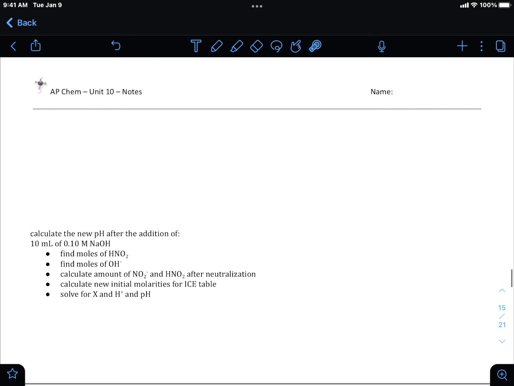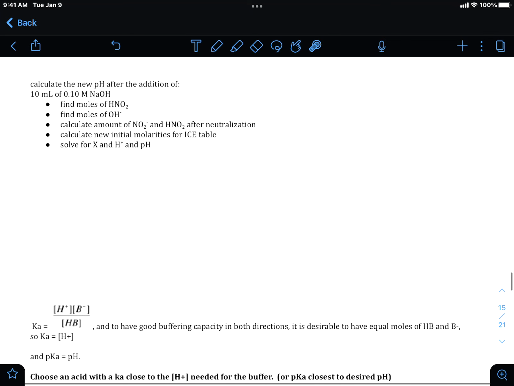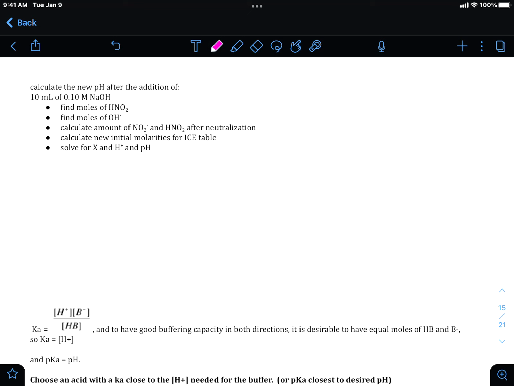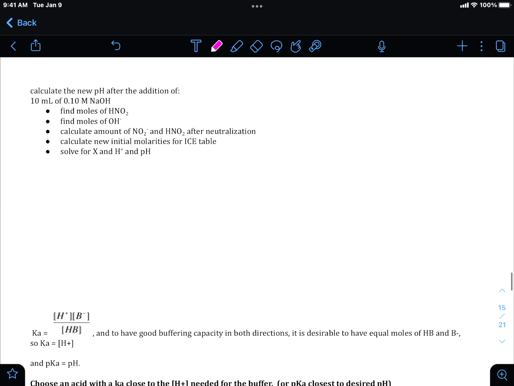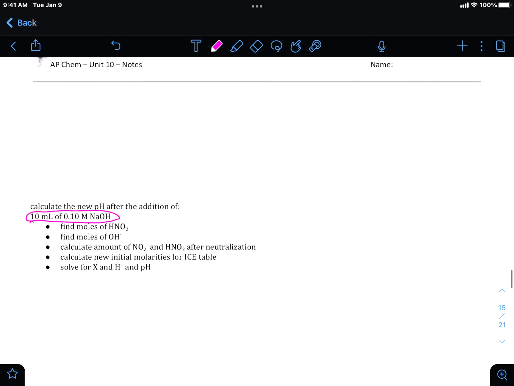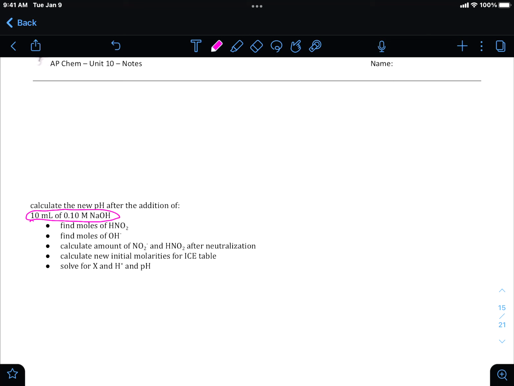Okay. The next question asks, we're using the same system, the same buffer, but this time we're going to add a base and we're going to see what happens. Calculate the pH after the addition of 10 milliliters of 0.1 molar sodium hydroxide. In order to do this, we need to rewrite what our initial moles were.